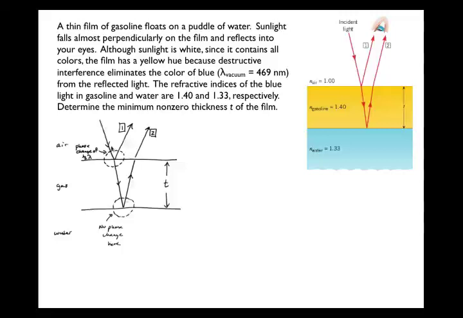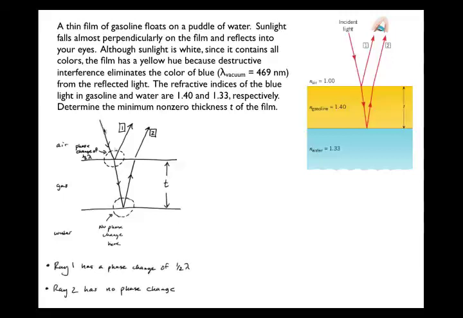The wave that continued into the gasoline bounced off of the boundary between gasoline and water, and there the refractive index of water is smaller than the refractive index of gasoline, so the model predicts that there is no phase change at that particular reflection event because it's like bouncing off of a free end reflection. This is less optically dense than the gasoline is. That's going to become important in our solution.